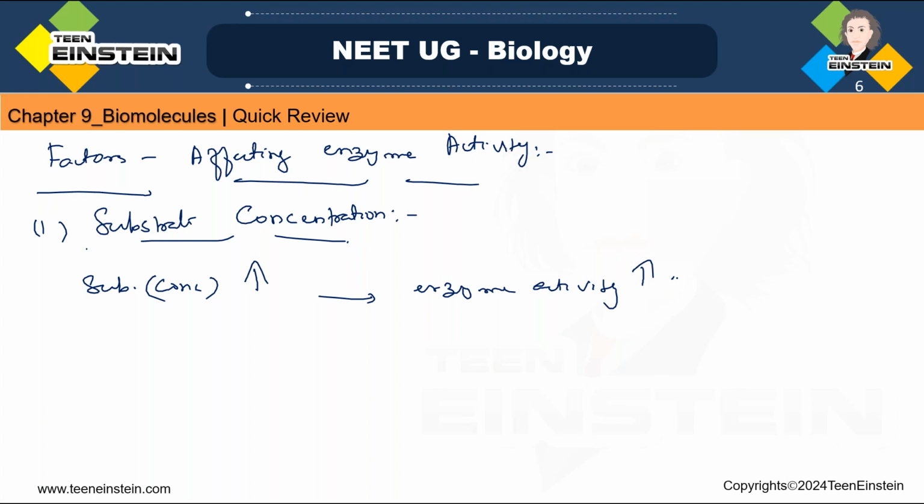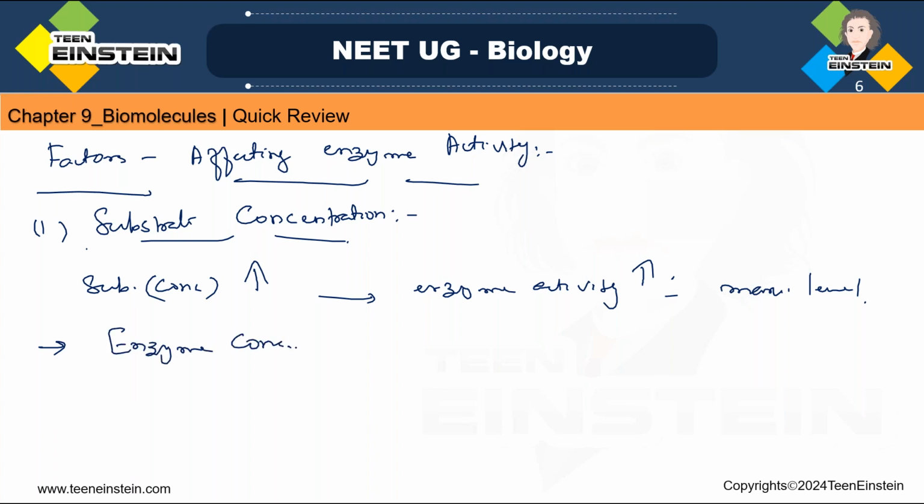So enzyme activity increases with increase in the concentration of substrate to a maximum level. There is a maximum level, right? Then it lowers.